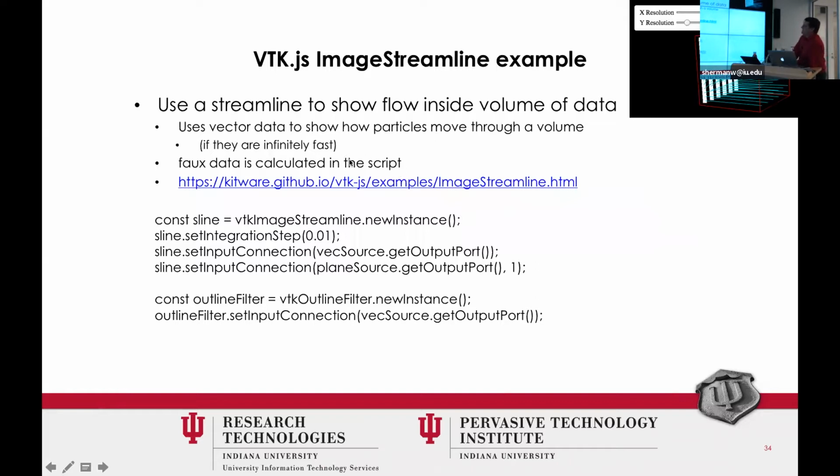So again, it's faux data that's calculated within the script. If we click on that page and scroll down, we'll see where the faux data is generated. The streamline class has multiple inputs. You have to have the input of the flow data and the input of the sources.